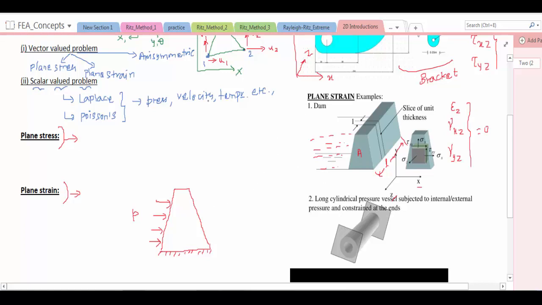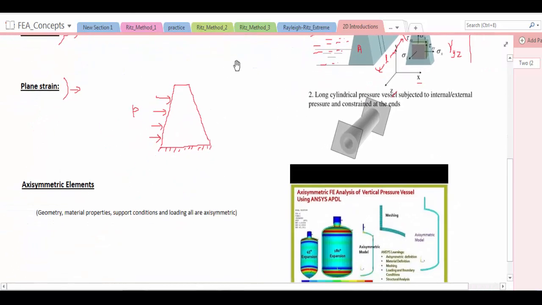And one more example: a long cylindrical pressure vessel subjected to an internal or external pressure and constrained at the end, like this. So the pressure can be acting throughout the length. We can take it as one cross section, and that cross section can be taken like this.